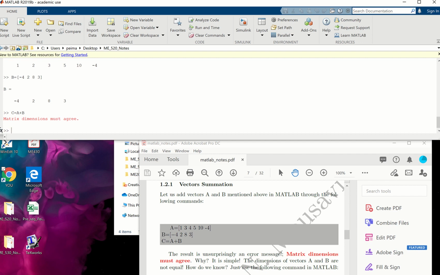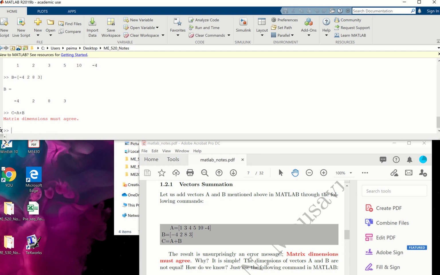So why? Because the size of vector A is 1, 2, 3, 4, 5, 6. It has 6 columns, but B has how many columns? 1, 2, 3, 4. You cannot add apple with peach. They must have equal columns.